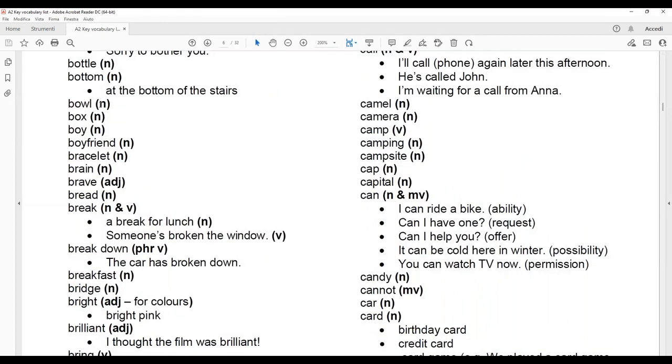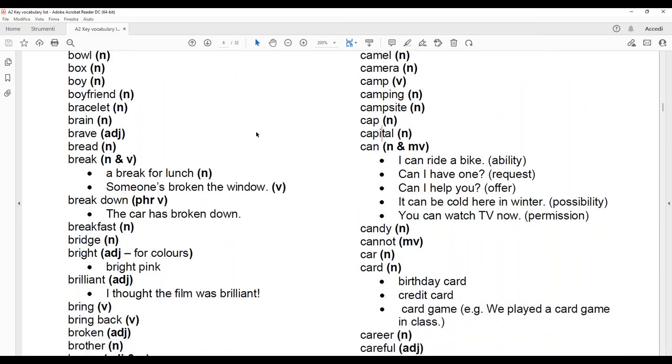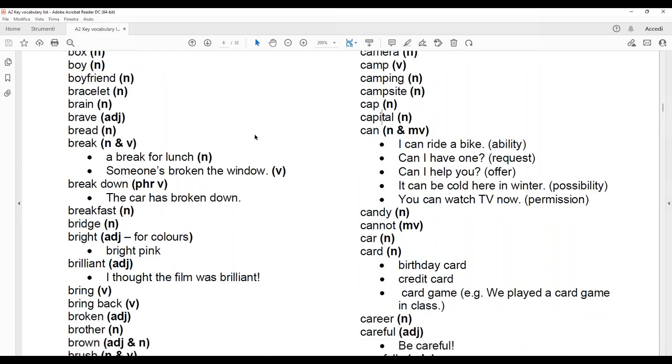Bowl, una ciotola, una scodella, brain, cervello, brave, coraggioso, bread, pane, camping, camera, camel, capital. So in reality, look, all these words are not really difficult. I think that you should be able to understand them, even in the context. Yes, if you find these words in the context of a text, you should be able to understand what they mean.